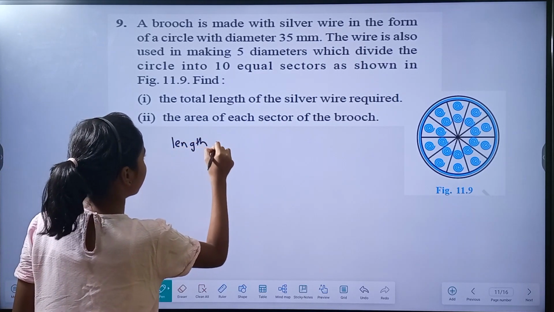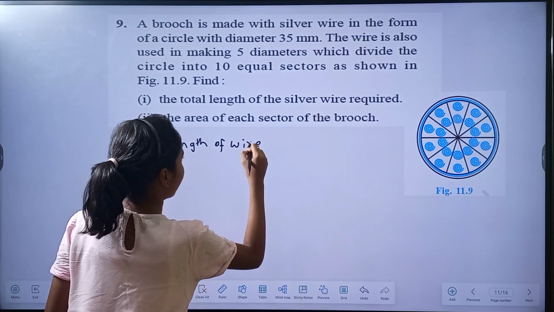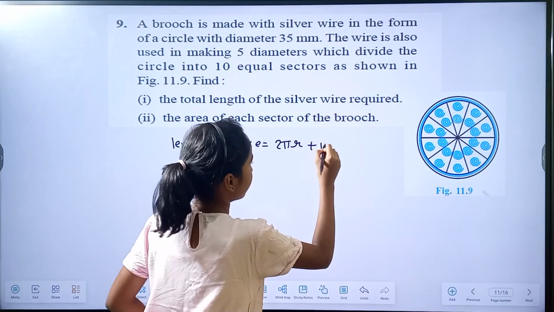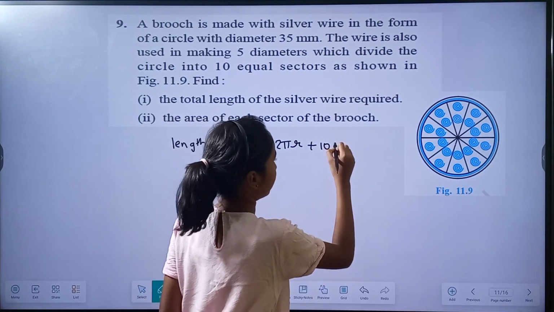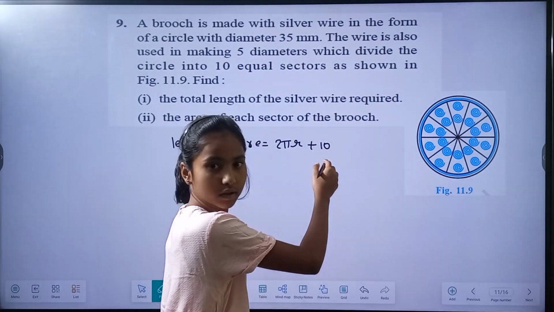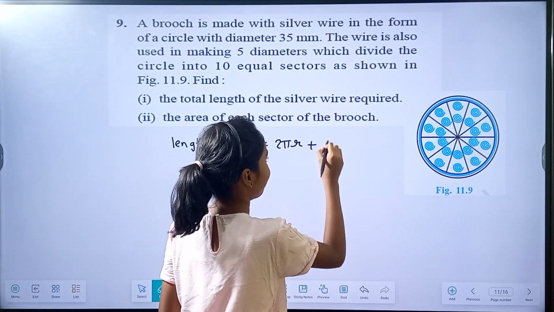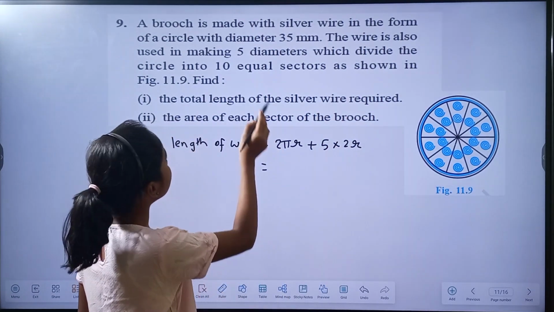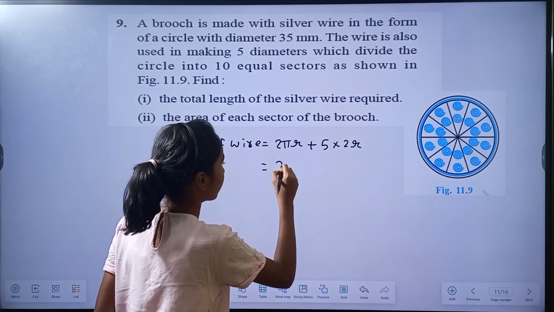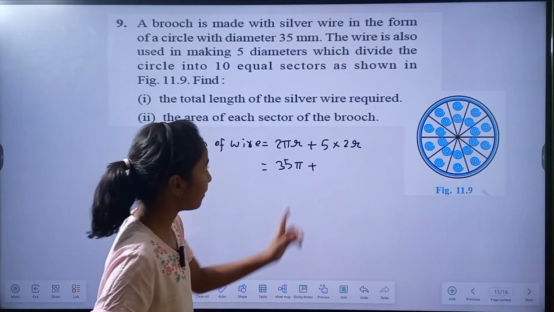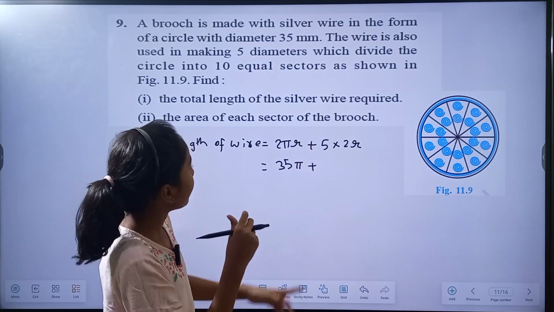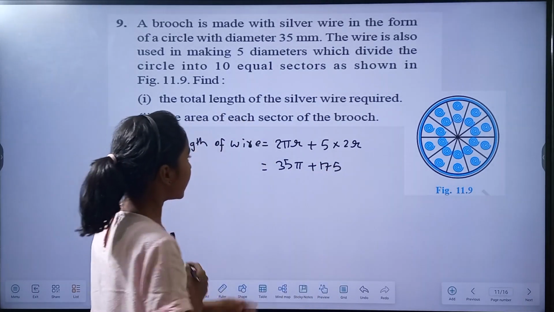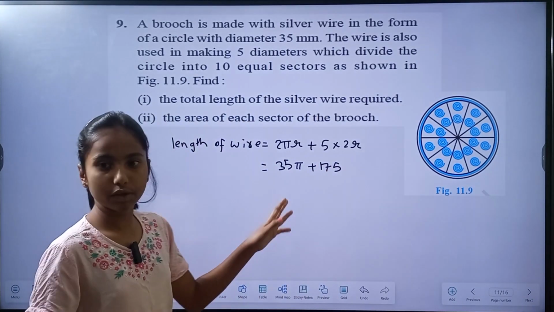Length of wire equals 2 pi r plus 5 into 2r, the 5 diameters, which is equal to 2 pi r, and we have been given diameter 35. So 35 pi plus 5 into 2r, which is 35 into 5, so 175. 35 pi, we can use pi equal to 22 by 7.